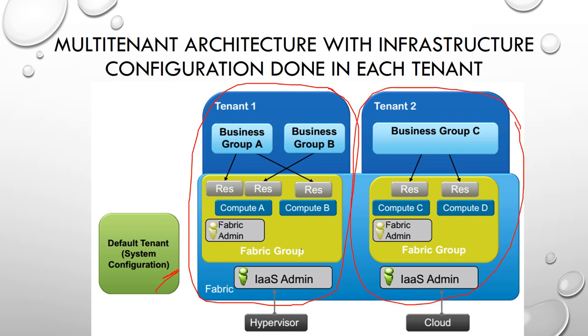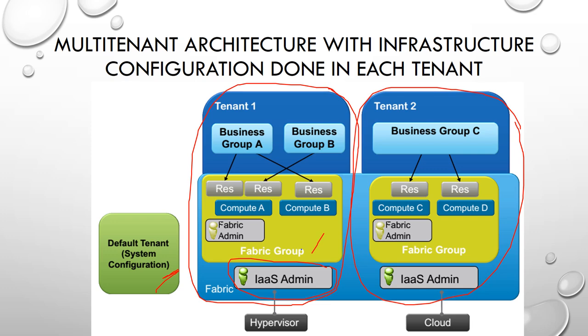The system administrator is the only user who logs into the default tenant to manage system-wide configuration and creates tenants. Each tenant has an IaaS admin who can create fabric groups and assign fabric administrators to them according to their respective tenants.